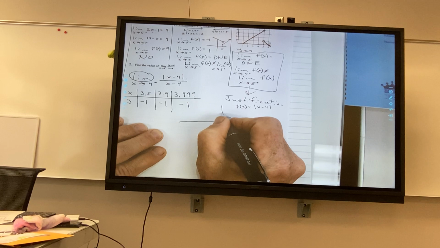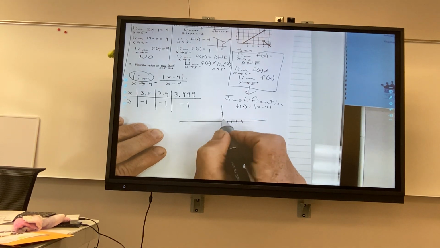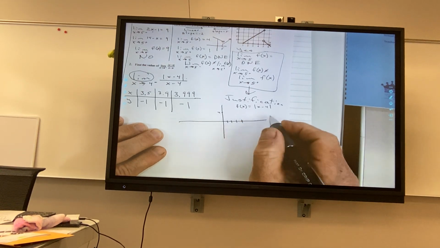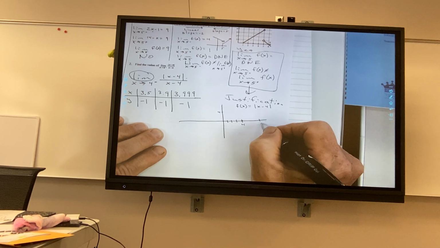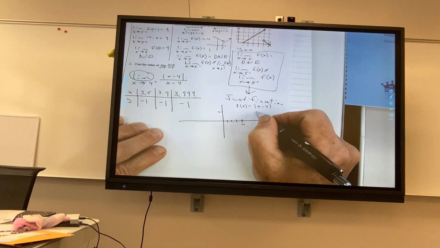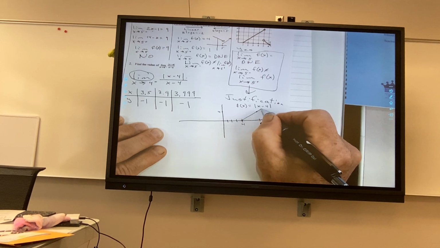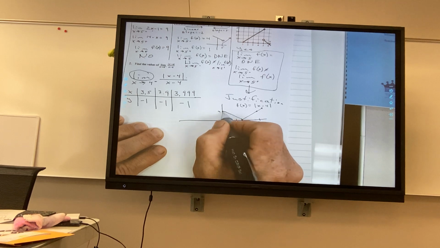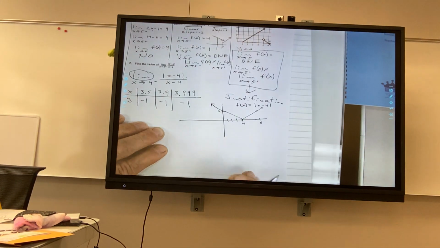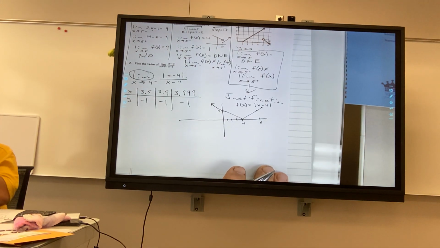So right here is 4. This is 4. This is 8. This would be 4. That's what it looks like, a V, correct?